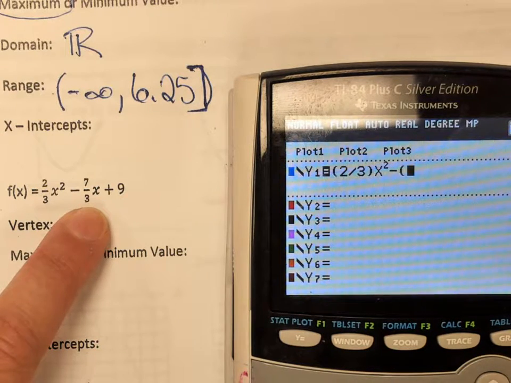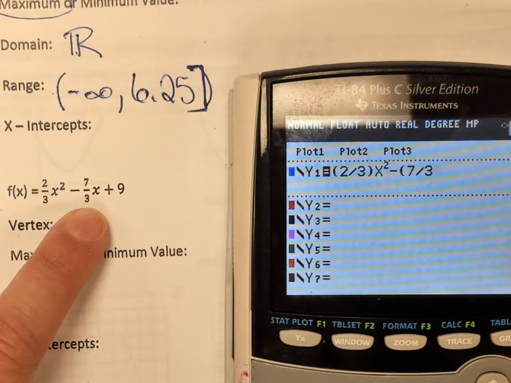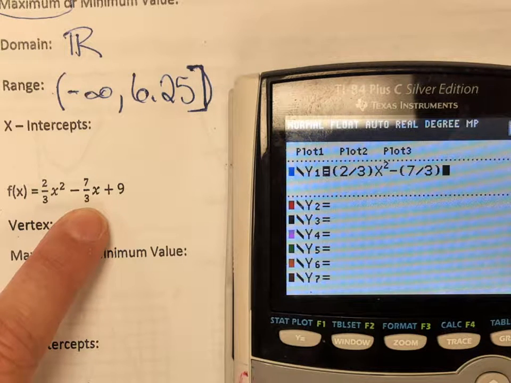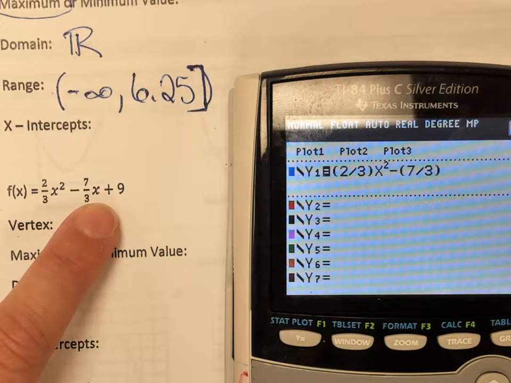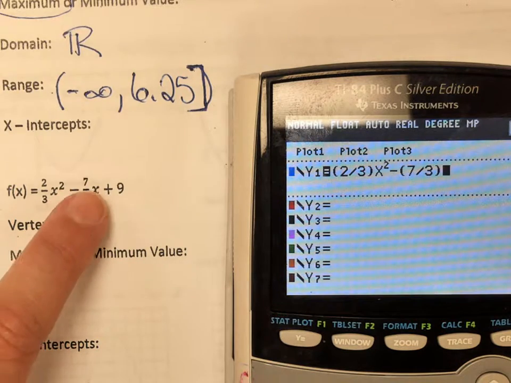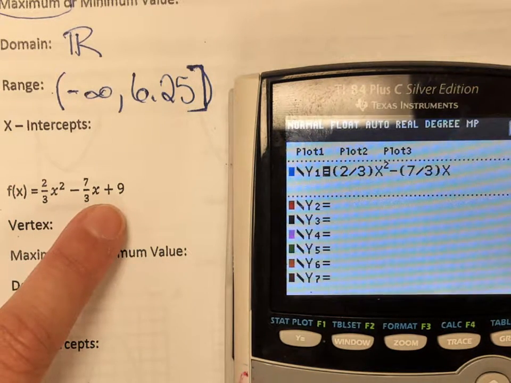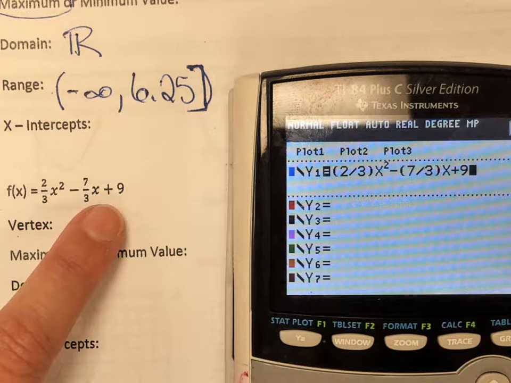So parentheses, 7 divided by 3, close parenthesis. Yes, you have to close it before you put your x. If not, you're telling it that x is with that 3, not with the whole fraction. Then x, and then plus 9. Y'all okay? Anybody have any issues so far? All right, hit graph.